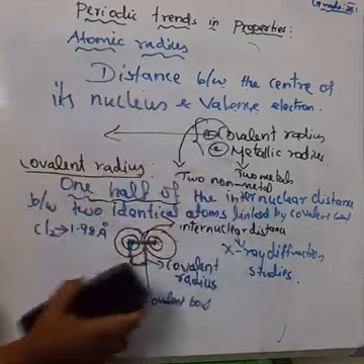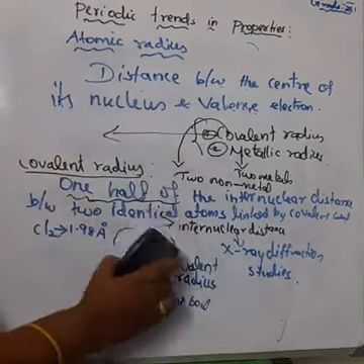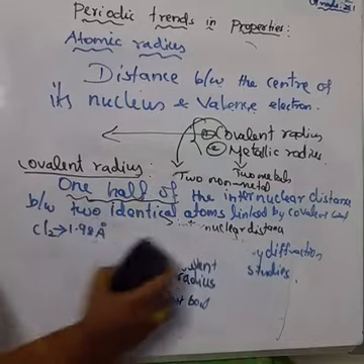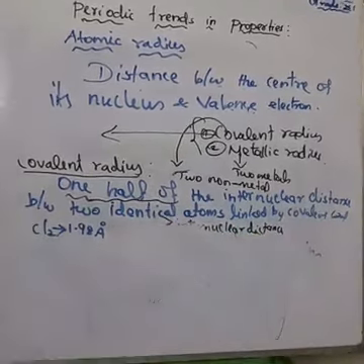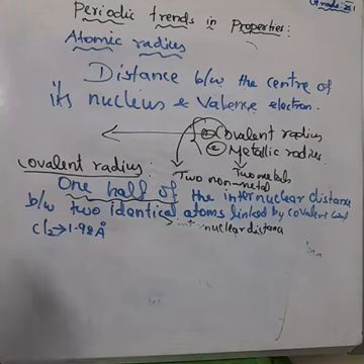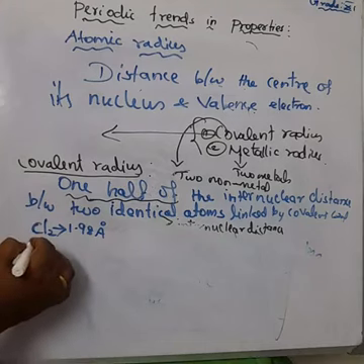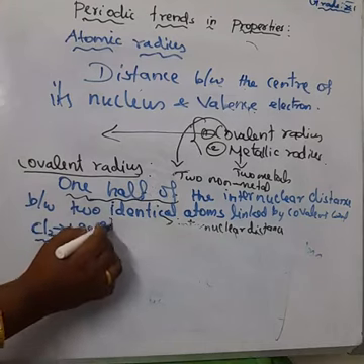How can we measure the covalent radius of chlorine?